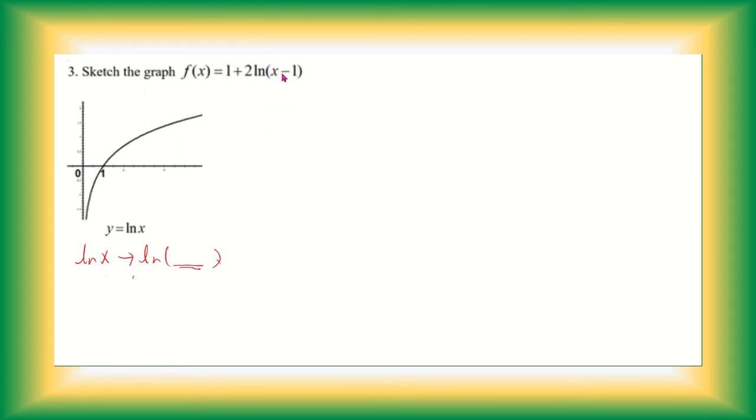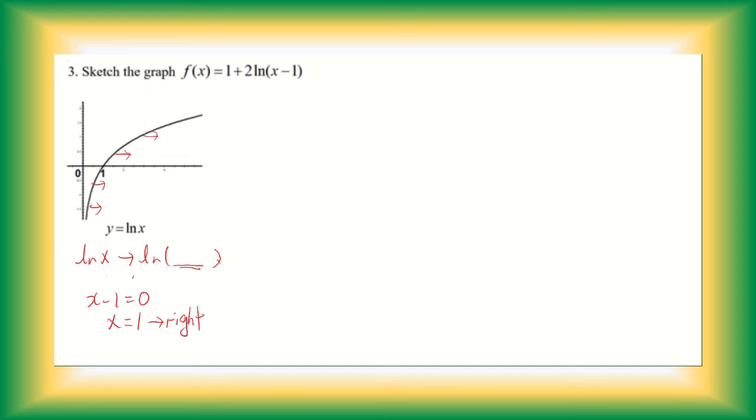Then there is a minus 1 behind the x, so we need to carry out a translation either to the left or to the right. To determine that, we make it equal to 0. We find that x is a positive value. If x is a positive value, we have to shift the whole curve to the right hand side for 1 unit.